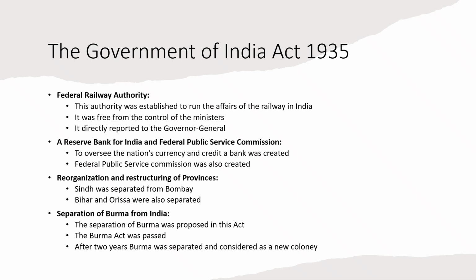Then students, Burma was part of India before 1935. It was separated in 1935, and it was the Government of India Act 1935 that made this separation possible. The Burma Act was passed in 1937, and in 1937 Burma was officially separated and considered a new colony of the British Empire.